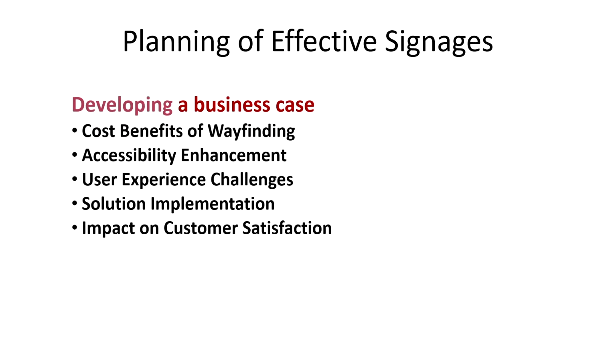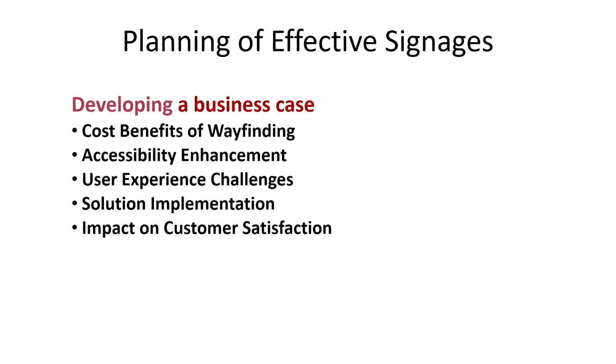Now, with this lecture, we'll be studying about planning processes of signages and wayfinding. So let's start. Planning of effective signages. In many different projects, from small scale private buildings to major public infrastructure projects such as airports and train stations, signages and wayfinding designs are essential.